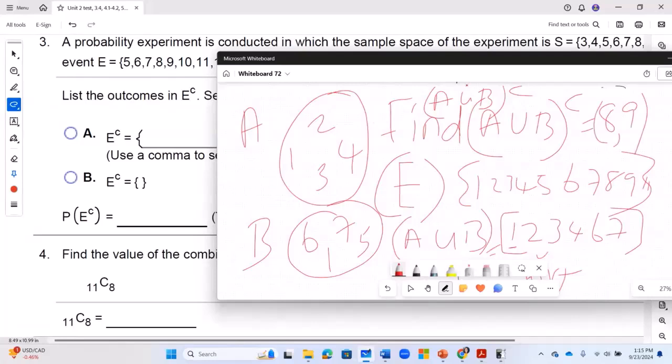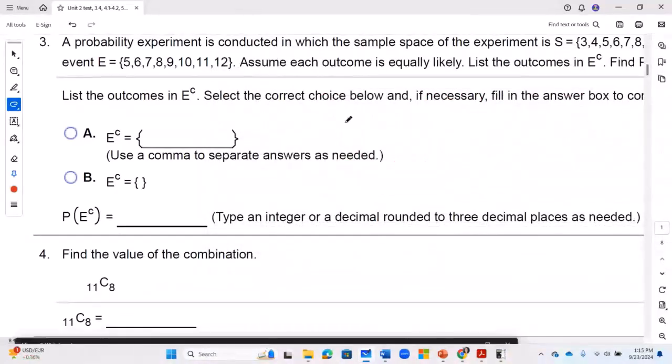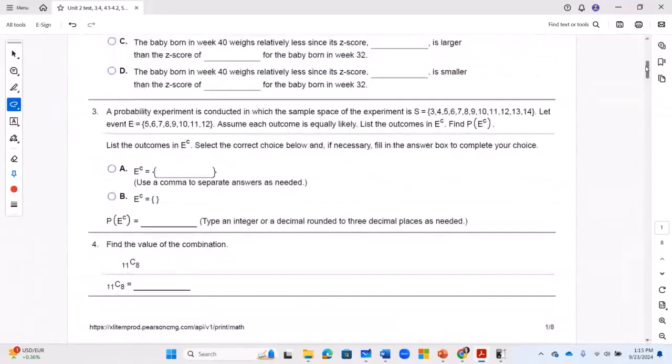Okay, so let's go answer the questions on the board. We're going to be using set notation. Some people don't like sets, but it's not bad. Remember, we started with a Venn diagram, and in Venn diagrams you use sets.